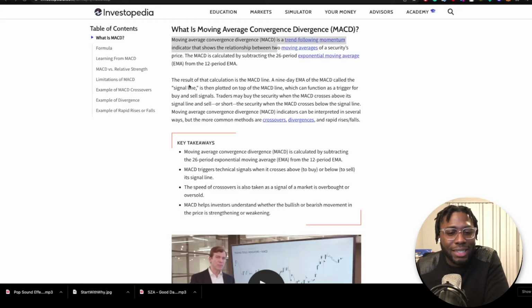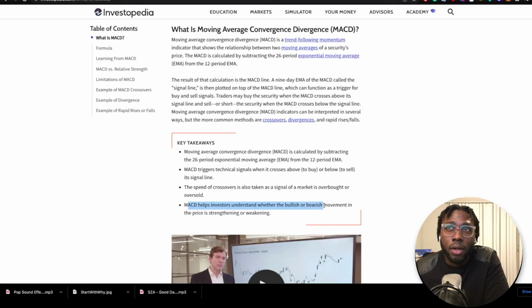It is a trend following momentum indicator that shows the relationship between two moving averages, the 26-day EMA and the 12-day EMA. Since we're keeping it simple on Rare Crypto, all you need to really know with the MACD is that it helps us understand whether the market is bullish or bearish.